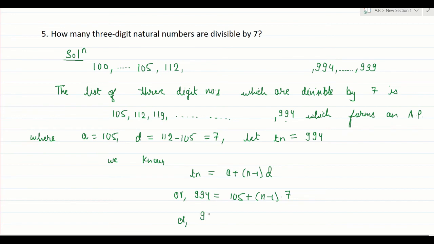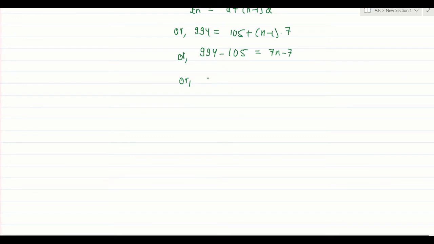So it is 994 minus 105 equal to 7n minus 7. Isn't this? Or it is 889 equal to 7n minus 7. Or 889 plus 7 is equal to 7n. Or how much is 889 plus 7? It is 896 equal to 7n.